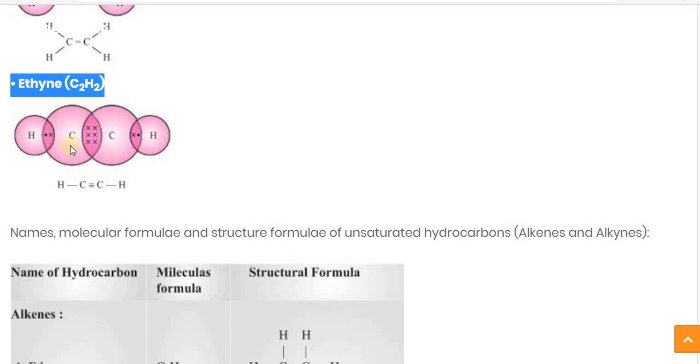So let's see the electron dot structure. The total outer electrons of carbon are 4, and hydrogen possesses 1 electron, which is given over here.